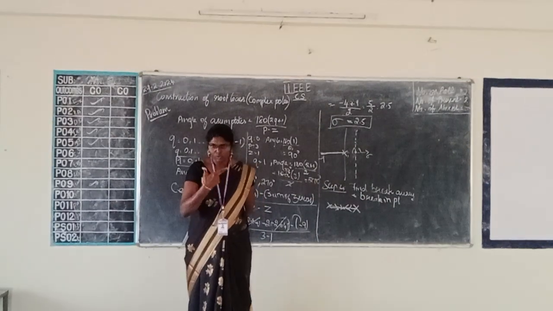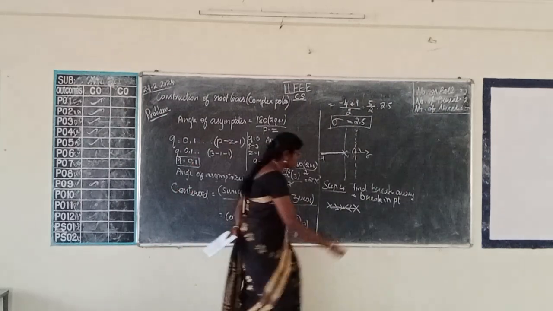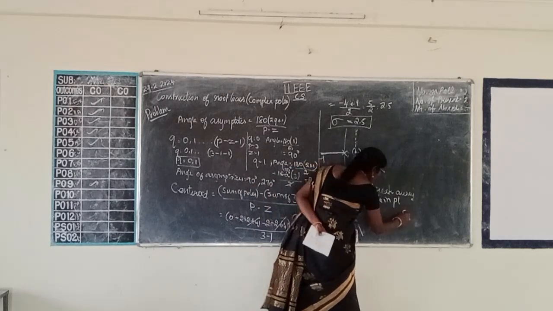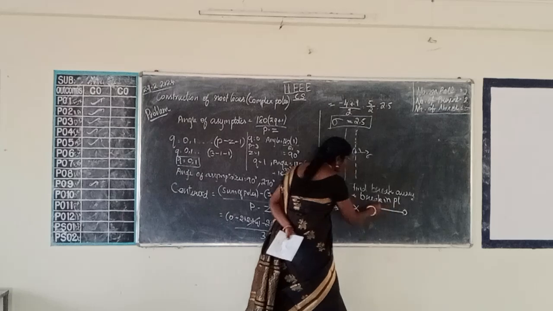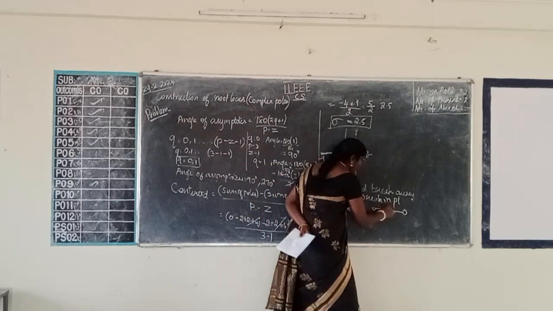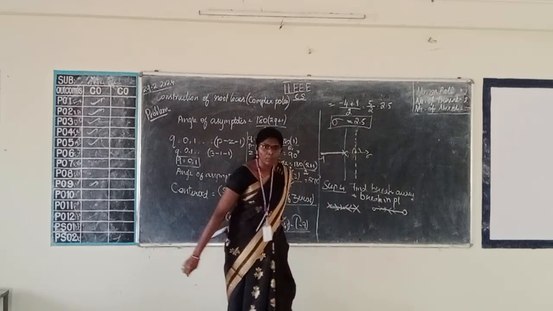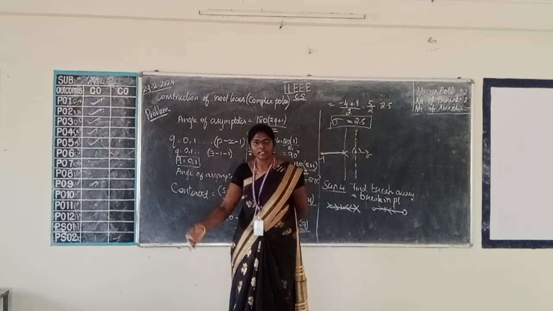If two poles are there, what you have to find out? The breakaway point. That's it. And suppose two zeros are there and the root locus lies between two zeros, then we have to find the break-in point. The breakaway point is different, the break-in point is different.